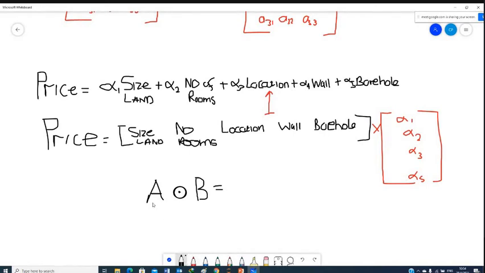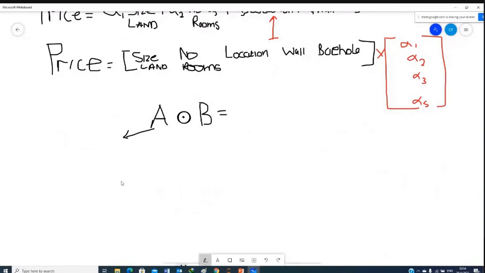So if we have A equal to A11, A12, A13, and then A21, A22, A23, and A31, A32, and A33.